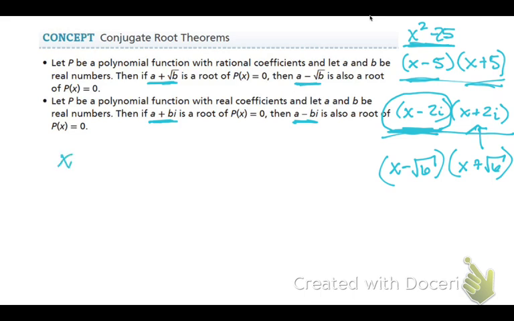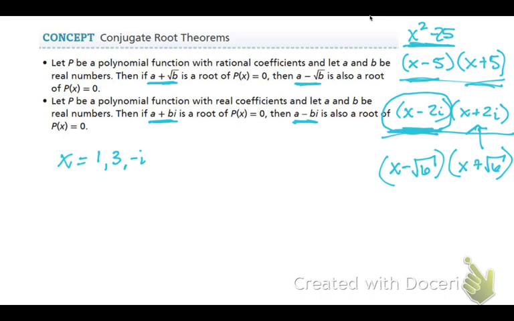So if I told you to tell me the polynomial where I had 1, 3, and negative i as solutions. So these are solutions. What came before solutions? How did I get these? The factors, actually, right? And what did I do to a factor to get a solution?